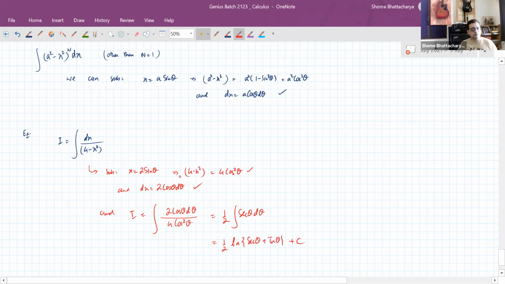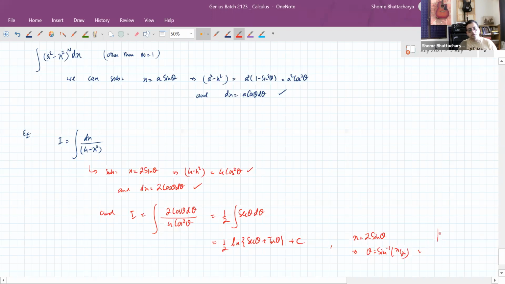now once again, see here we have substituted x as 2 sine theta. Okay, so that means theta is sine inverse x by 2.